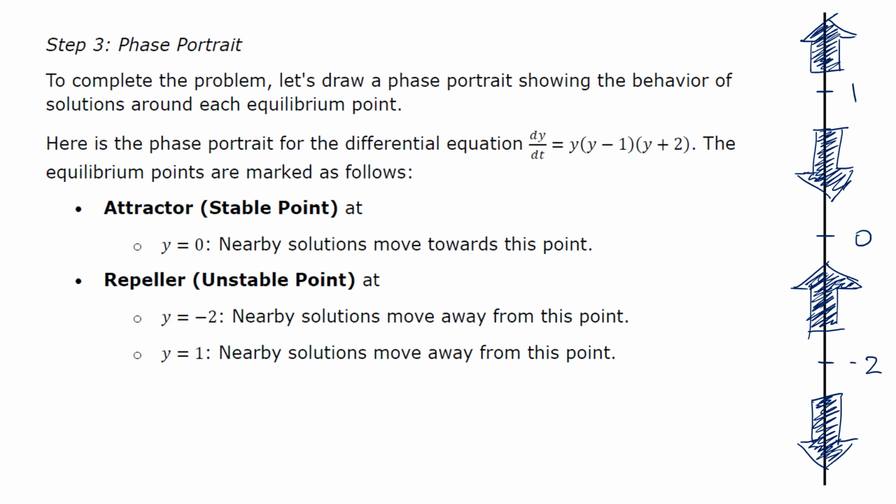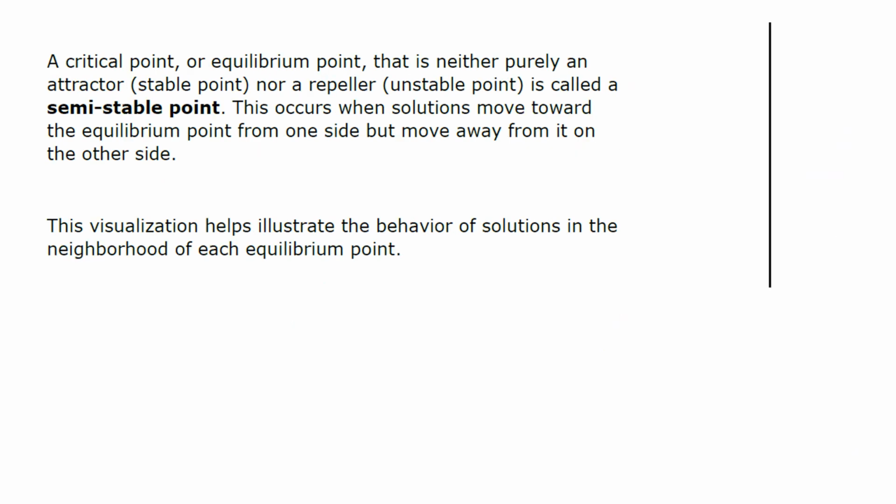Okay, and that is our phase portrait for dy/dt equals y times y minus 1 times y plus 2, for our 3 equilibrium points. Now, a critical point or equilibrium point that's neither purely an attractor, a stable point, nor a repeller, an unstable point, is called a semi-stable point. This occurs when solutions move toward the equilibrium point from one side, but away from it on the other side. So I'll draw an example of what that could look like.